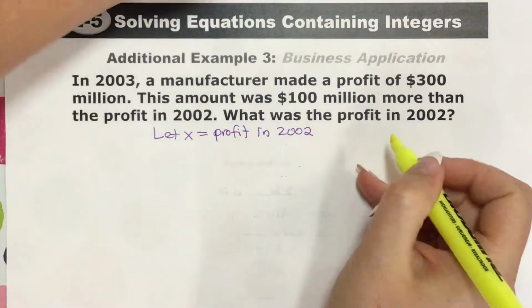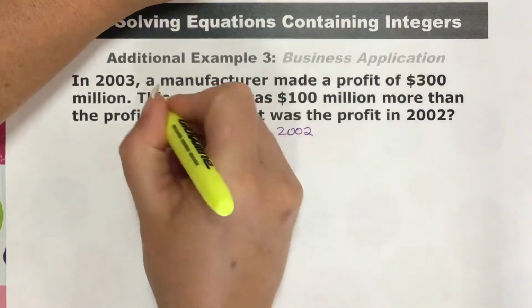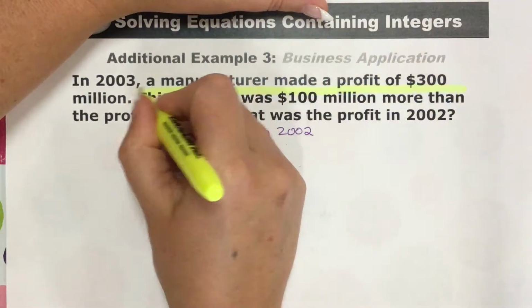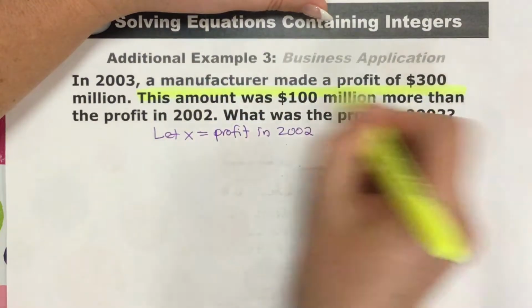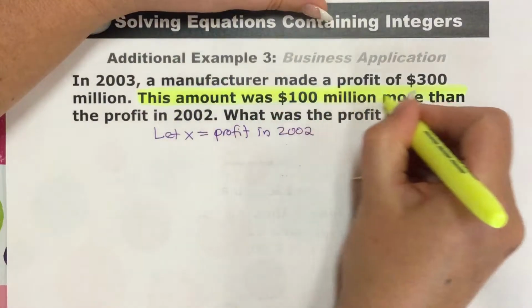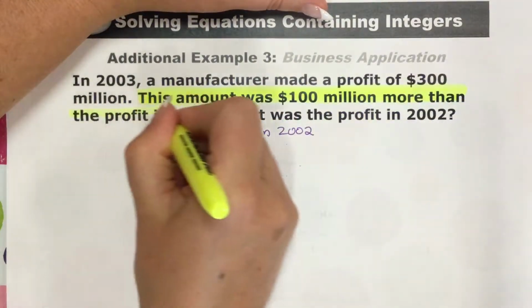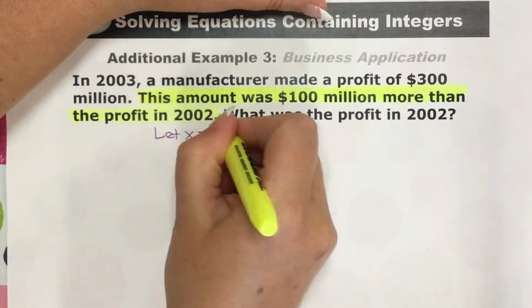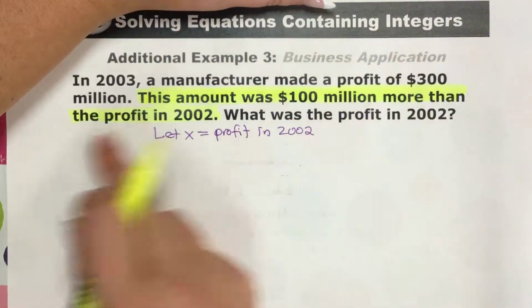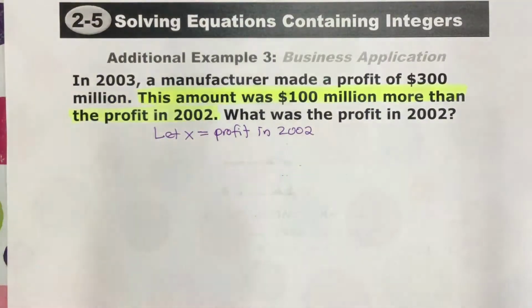In this case, this is the sentence right here. This is the sentence which is going to give us our equation. It says, this amount was $100 million more than the profit in 2002.